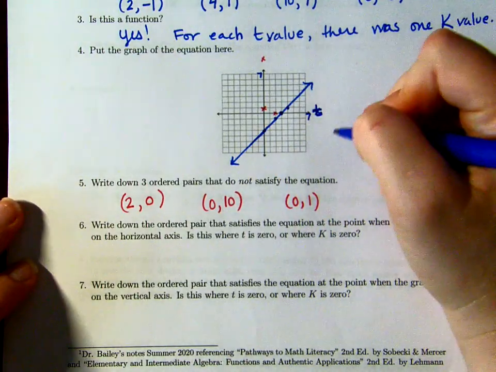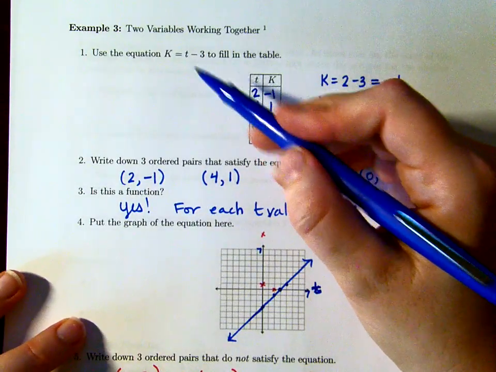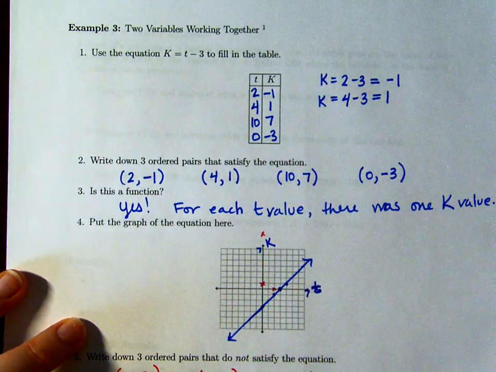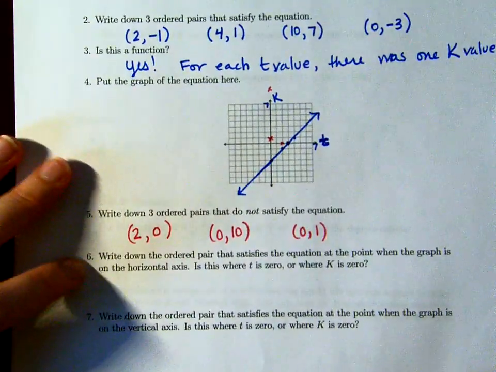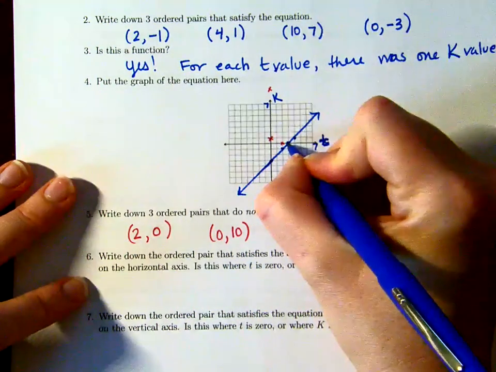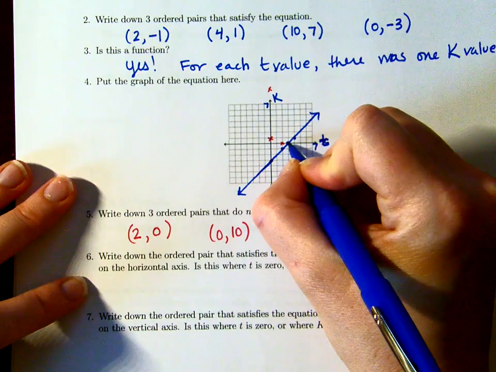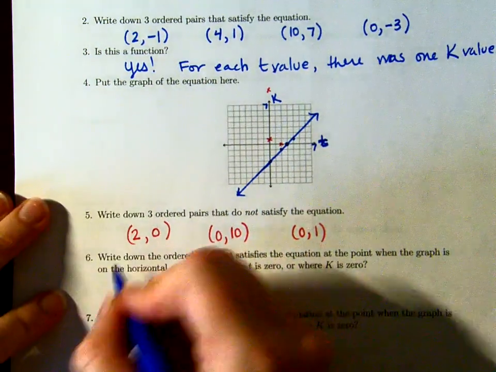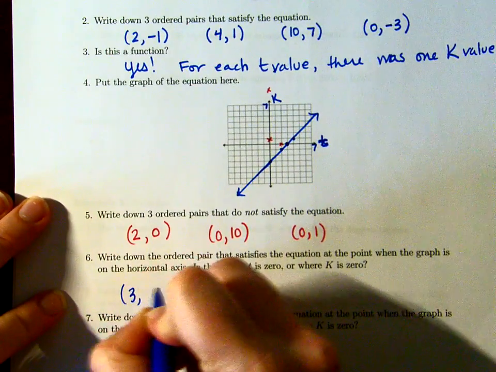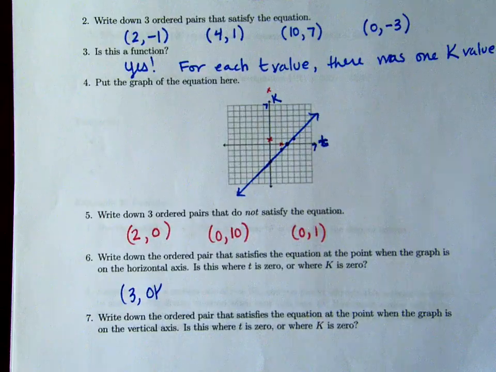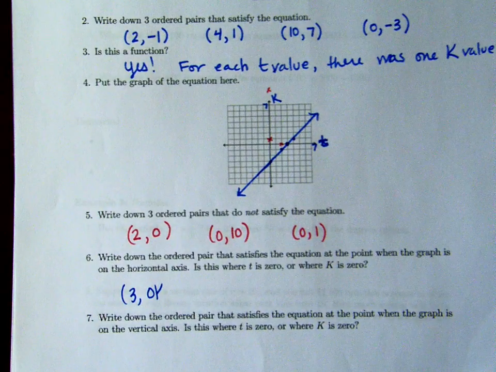Our horizontal is actually the t variable here, and our vertical is k values. Got it. Okay, so write down the ordered pair. This ordered pair would be a t of 3 and a k of 0. Oopsie. I just wrote down what was happening in my brain, which is a k of 0.